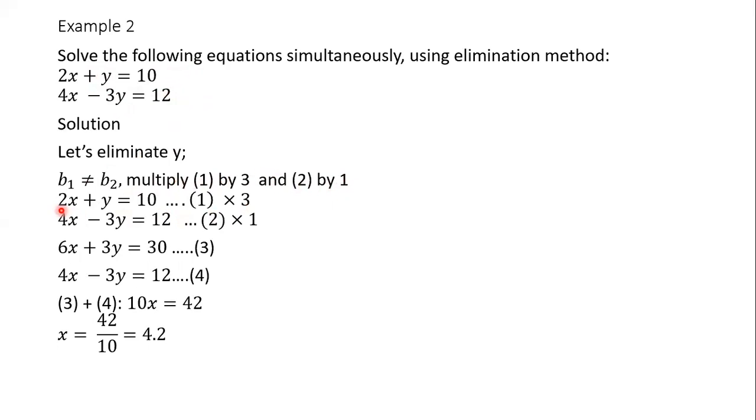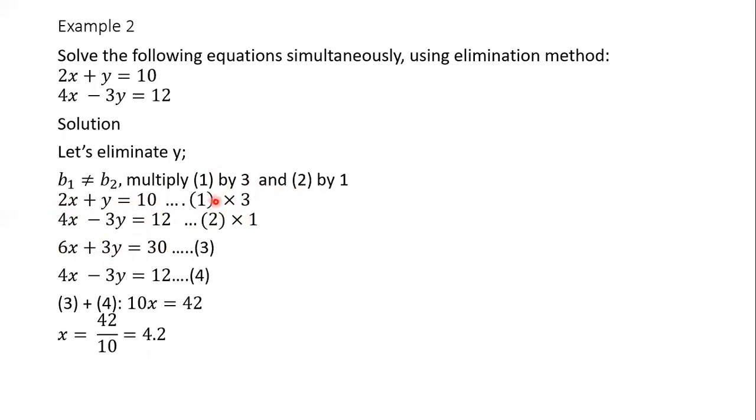That will give me, so you have this: 3 times 2 will be 6x, 3 times y will be 3y, equal to 3 times 10, which is 30. So I'm done with equation 1.